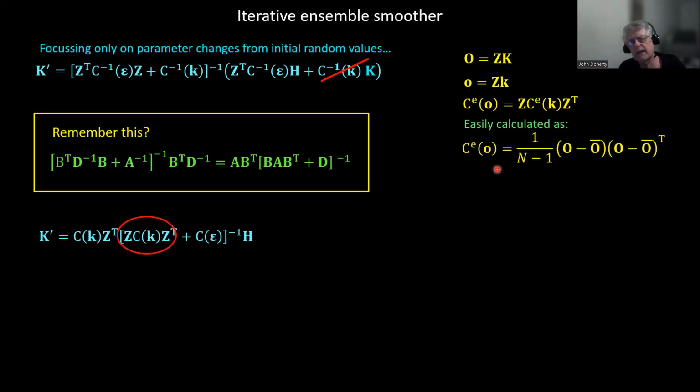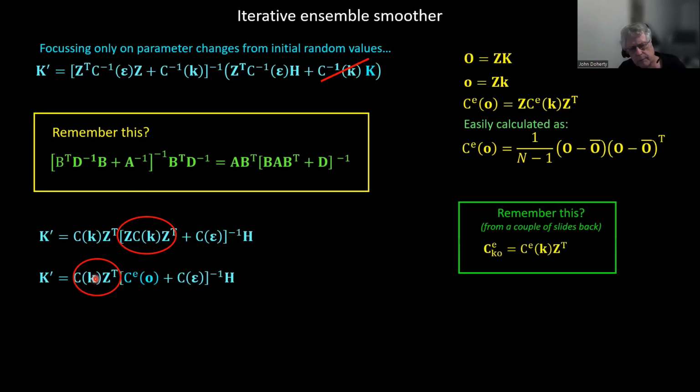And that can be calculated from my model outputs. So I just substitute this into here to get it here. I just put this easily calculated term in the equation here. I no longer have to calculate Z C_K Z^T.